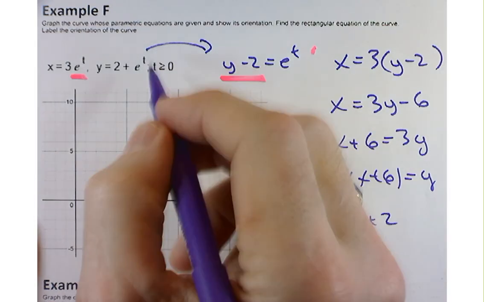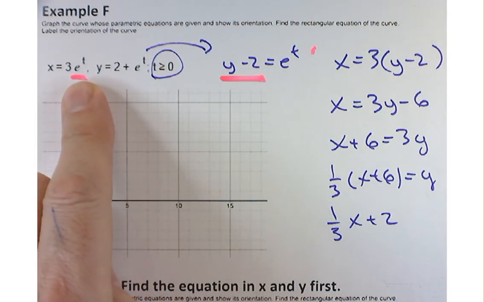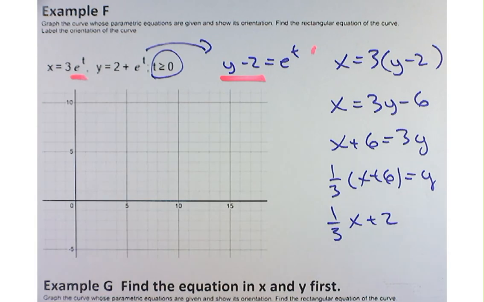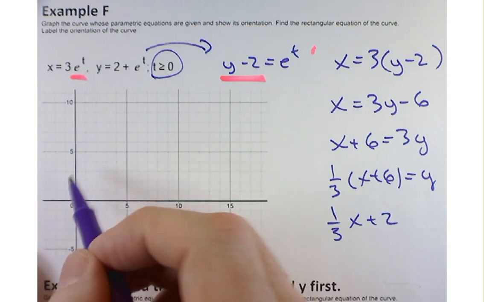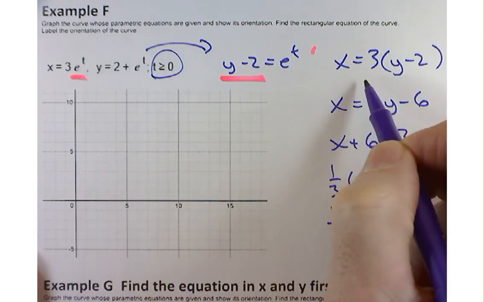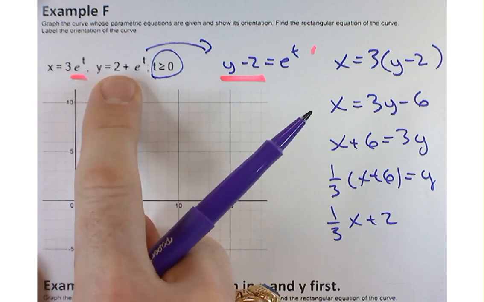One other thing I'll point out here, these are values of t that are greater than 0. E to the t is always a positive expression, so you're never going to get a negative value for x or for y. The graph is going to start out here and then just go up. Actually, let's see. At t equals 0, it'd be 3 and 3.